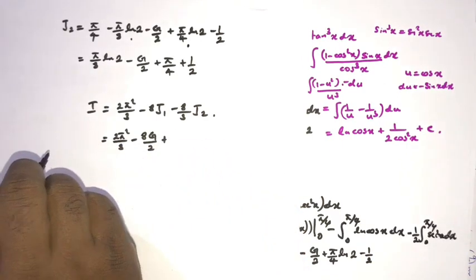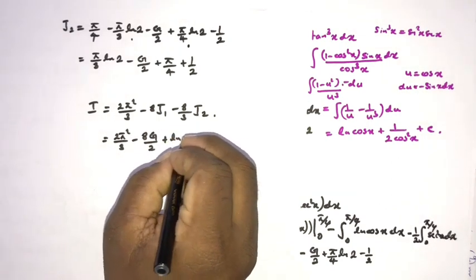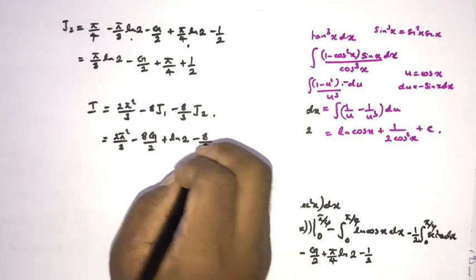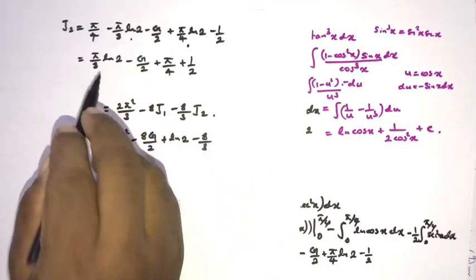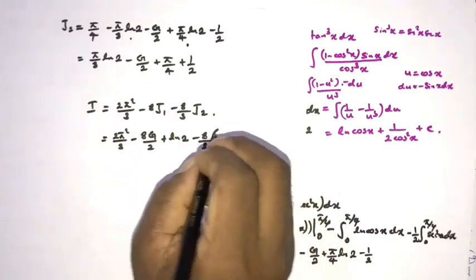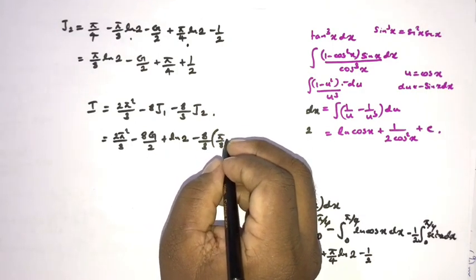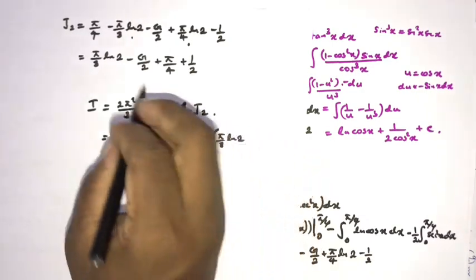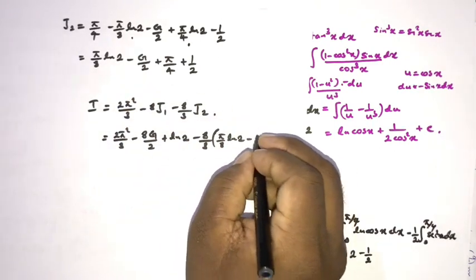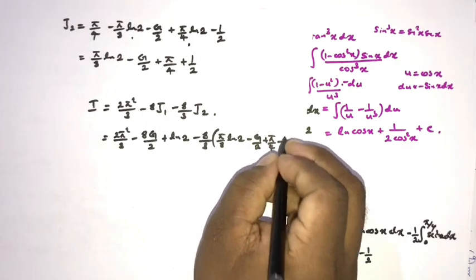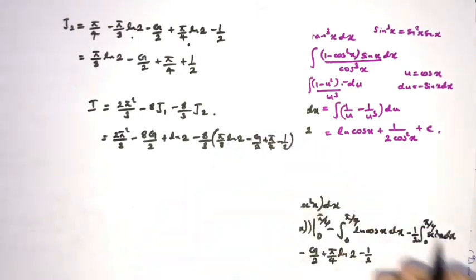So natural log of 2, then minus 8 over 3 times J2, which is pi over 8 natural log of 2 minus G over 2 plus pi over 4 minus 1/2.